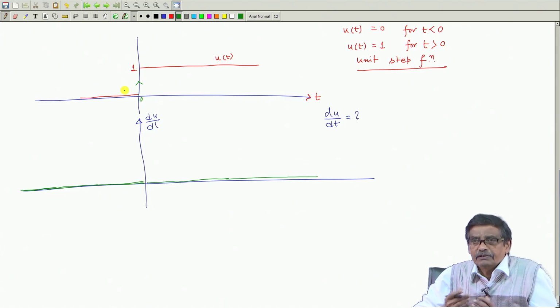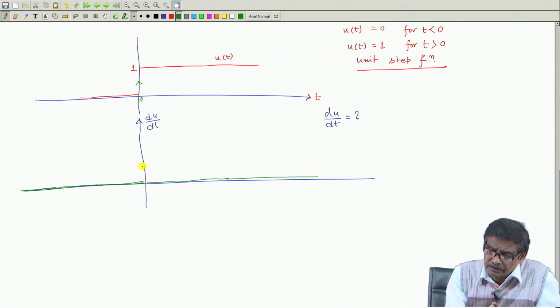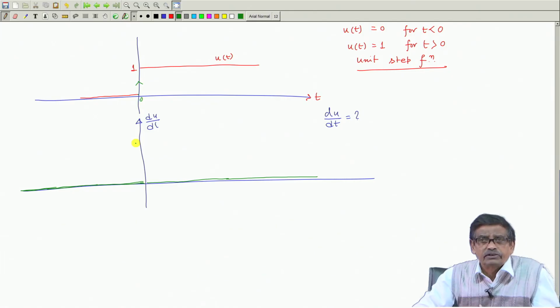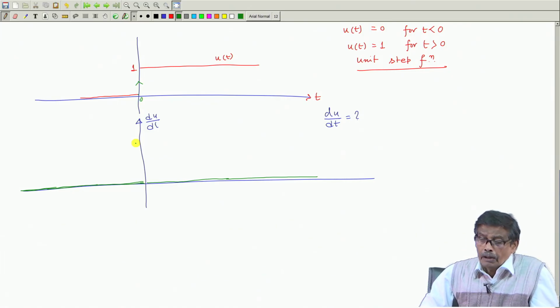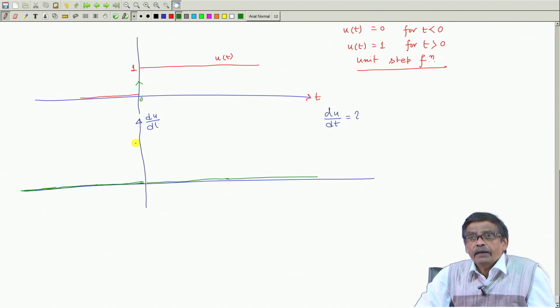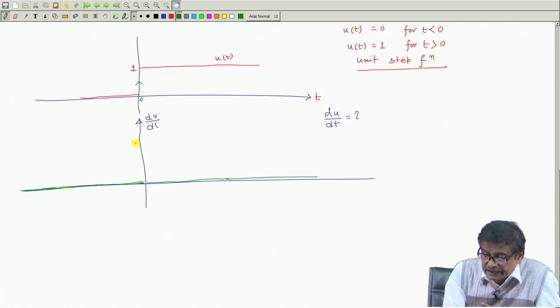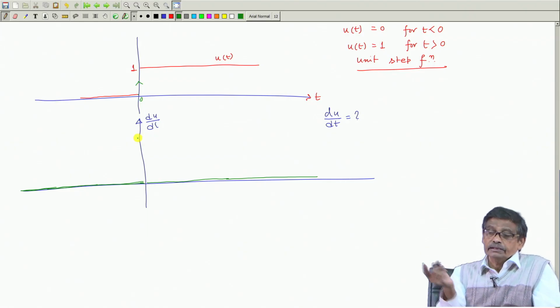Therefore, slope is infinitely large like that, and we cannot say it is a very large slope. But after learning the impulse function, I will say that there will exist an impulse at this point. Why? That I will tell.